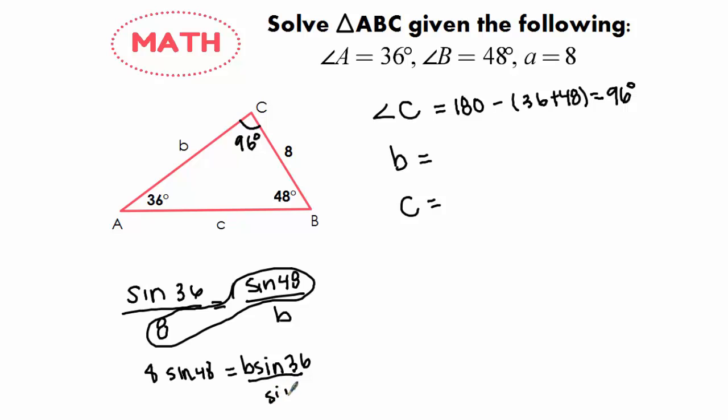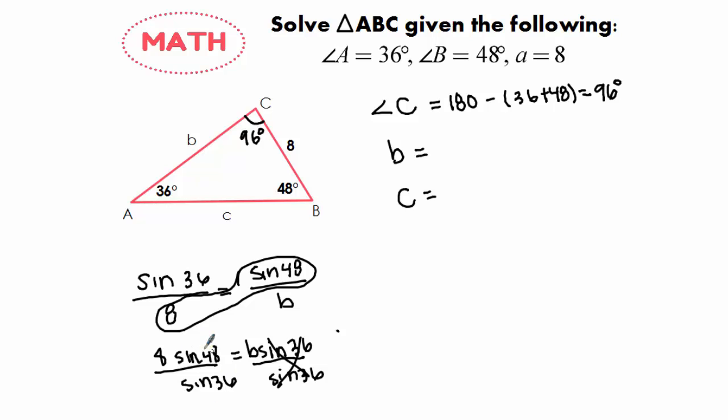Divide both sides by sine 36. That cancels here. And then I'm just going to plug this into the calculator. When I plug this into the calculator, I'm going to get approximately 10.1. So B is approximately 10.1.